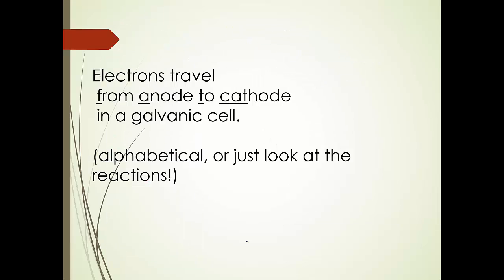And again, electrons travel from the anode to the cathode. They always go from anode to cathode because of what's happening at the anode. It's oxidation. What do oxidations do? They lose electrons. Where are those electrons going? They're going to the cathode, because what happens at the cathode?